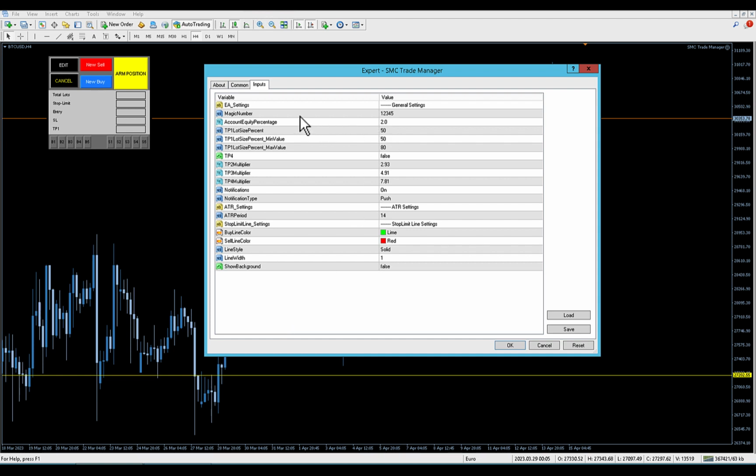I will talk firstly about the magic number. You want to leave this standard, random number like this if you're going to operate the expert advisor on only one chart symbol. But for example, let's say that you want to scalp the 5-minute time frame of EUR/USD, but at the same time you're looking for opportunities on the daily chart.